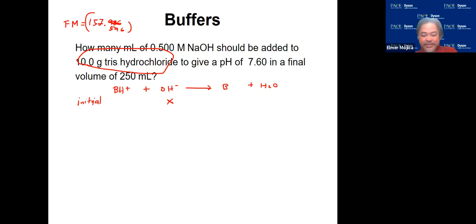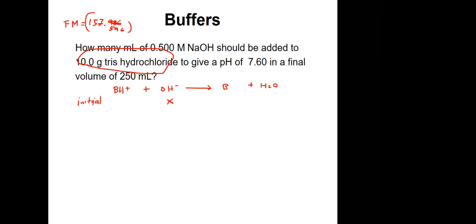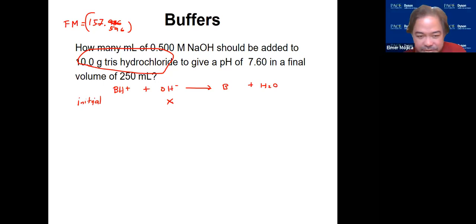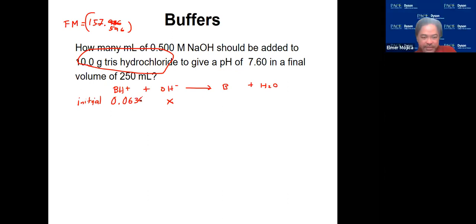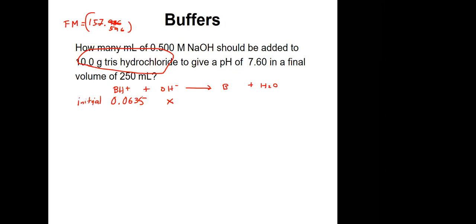So this will be 10 grams divided by 157.596, which is 0.0634, or 0.0635 if you round it up.